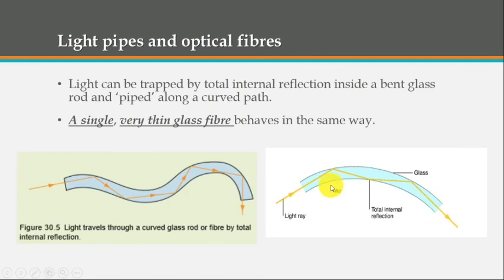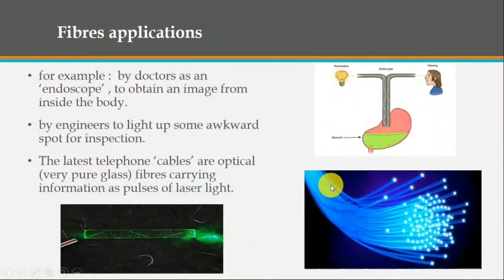Okay, so now look at fiber applications. Where do we use these fibers? The first thing, doctors use these fibers as an endoscope to obtain an image from inside the body. Here is a process we call endoscope.